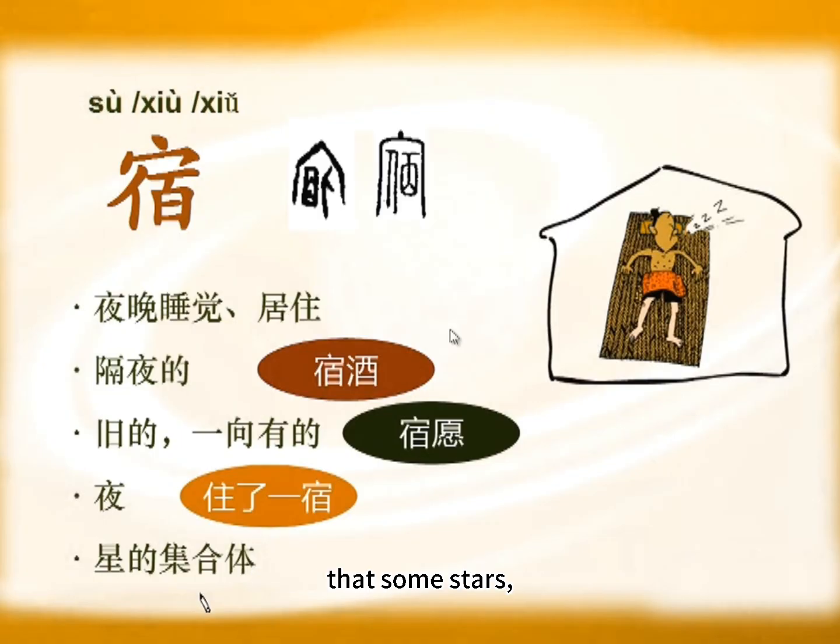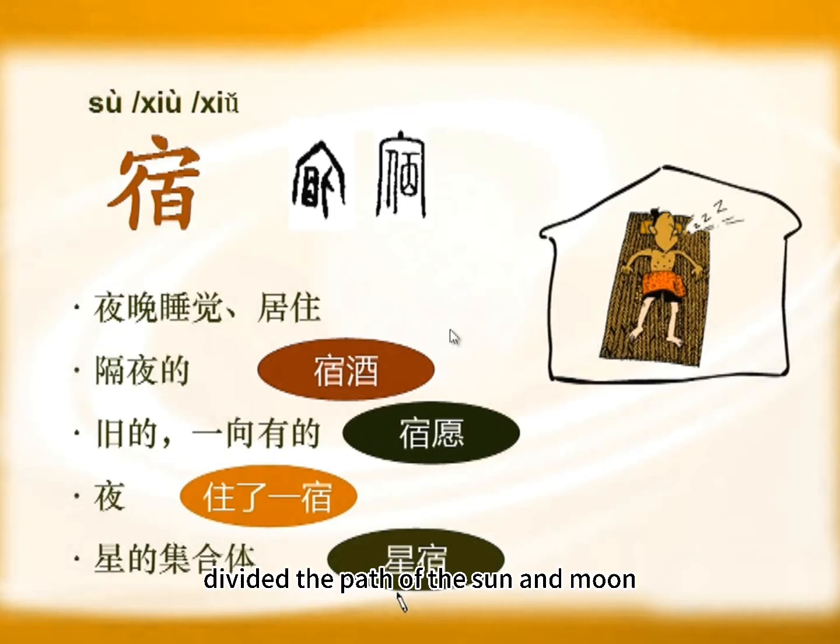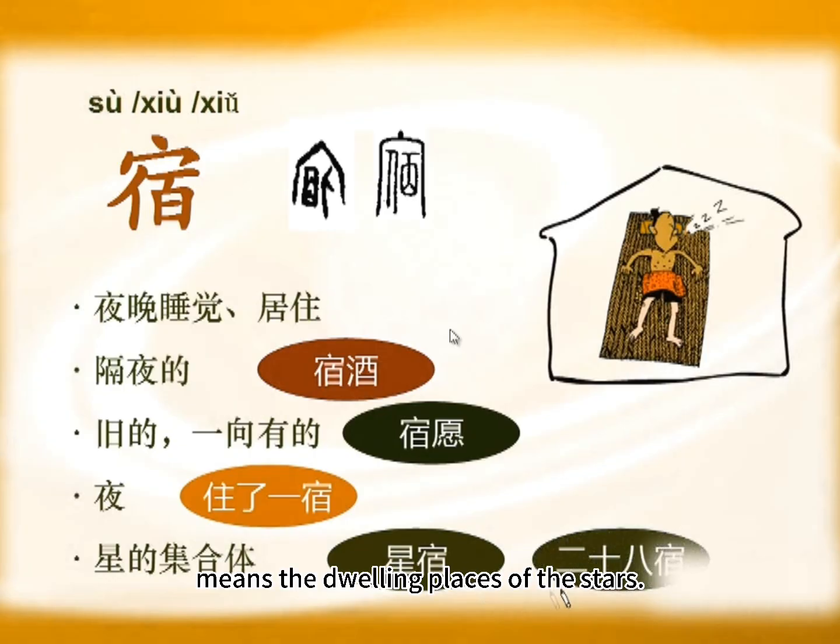Ancient Chinese believed that some stars, grouped together, fixed in a place in the sky, as if dwelling there. So xingxiu means the dwelling place of stars. Ancient astronomers divided the path of the sun and moon into 28 celestial regions, called the 28星宿. Here, 星宿 means the dwelling places of the stars.